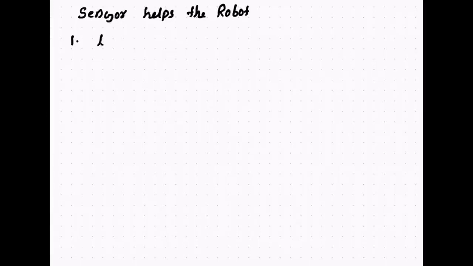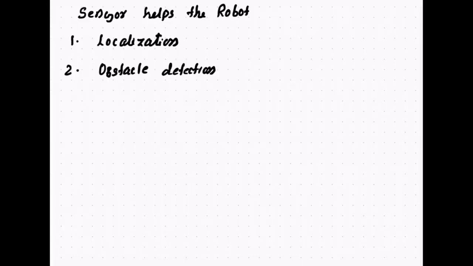Mainly, sensors help the robot in, first, localization, second, obstacle detection, and third, to collect internal information. Now we can look at each one by one.